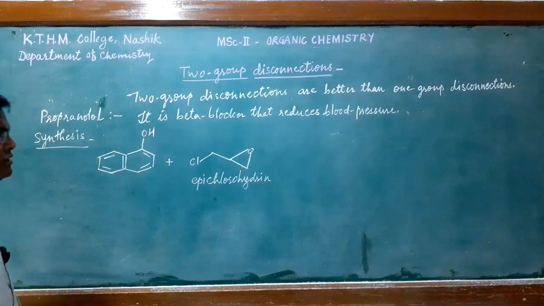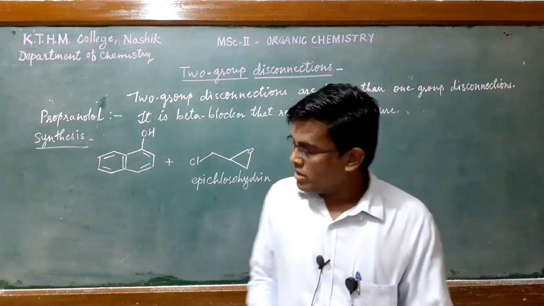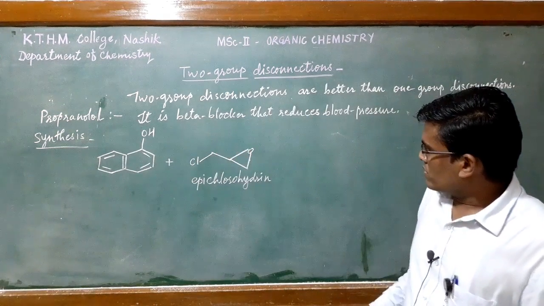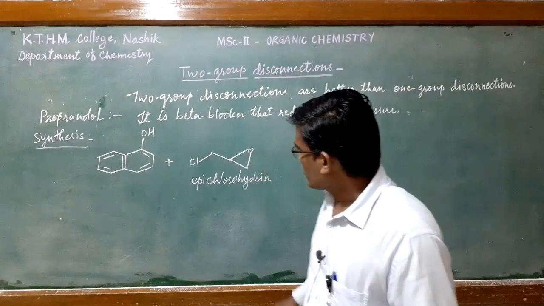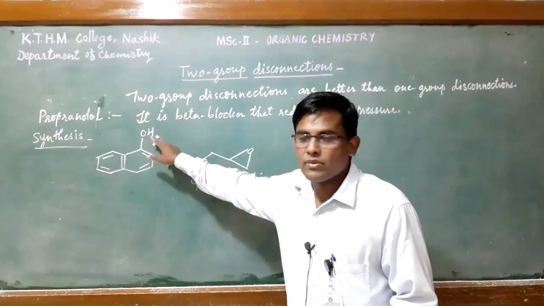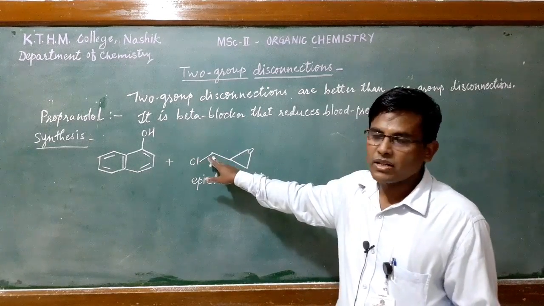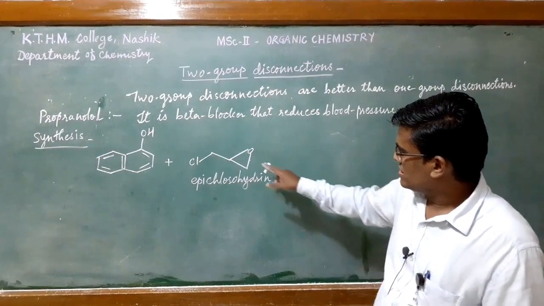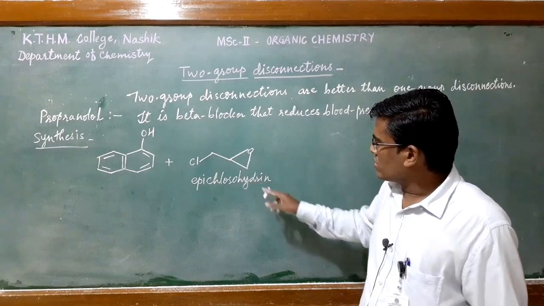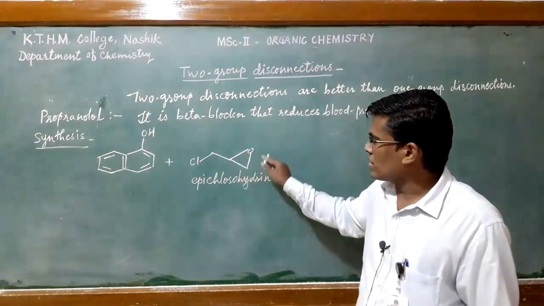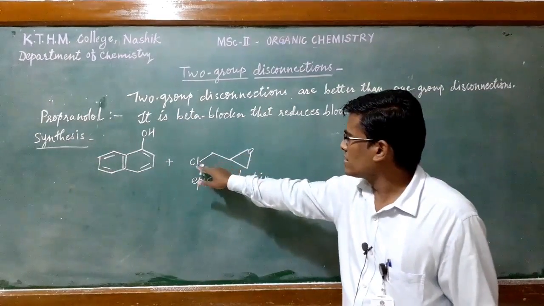Okay. So, here, if you react this alpha naphthol, you might be thinking this hydroxyl group will attack at this carbon, but mechanistically, this epoxide is more electrophilic than this C-Cl bond.